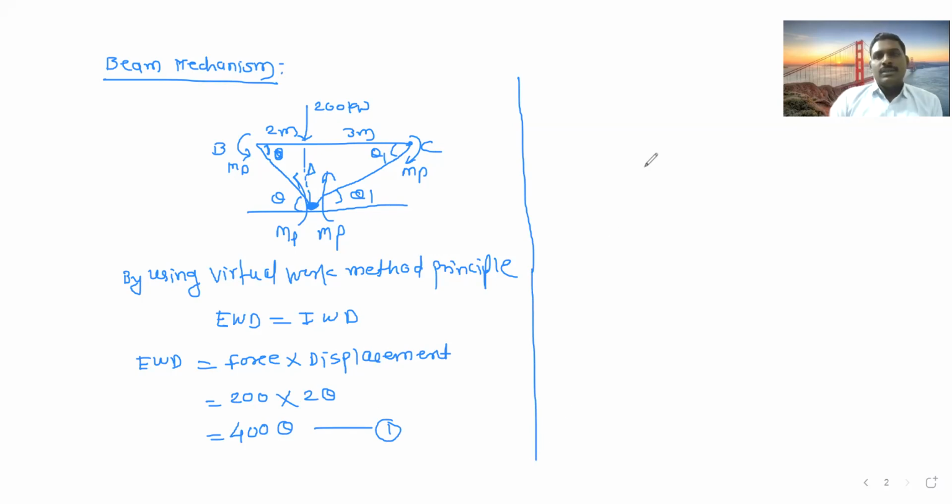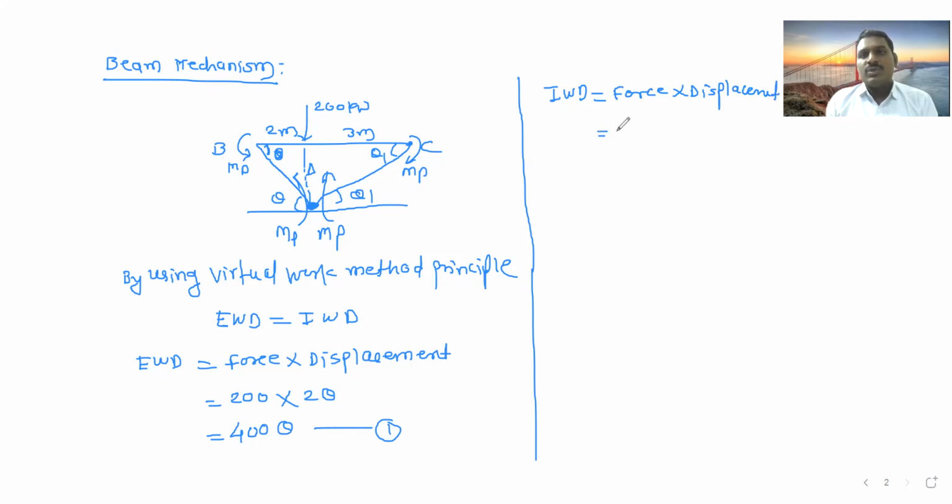Yes, sir. Second, we have to now calculate the internal work done, IWD. Internal work done we can calculate again by using the virtual work method principle. Work done is nothing but force into displacement.